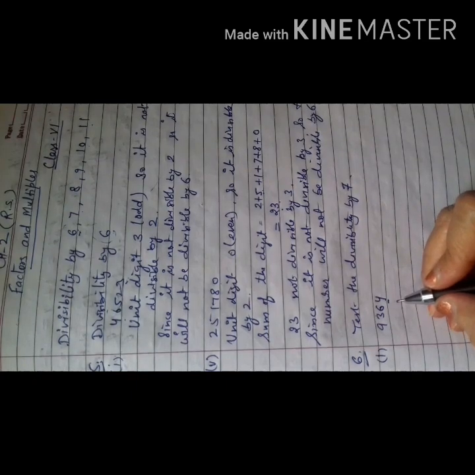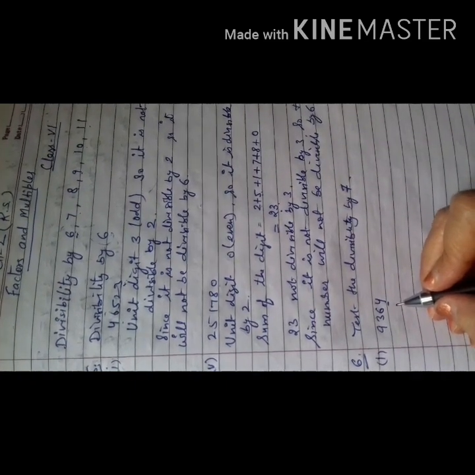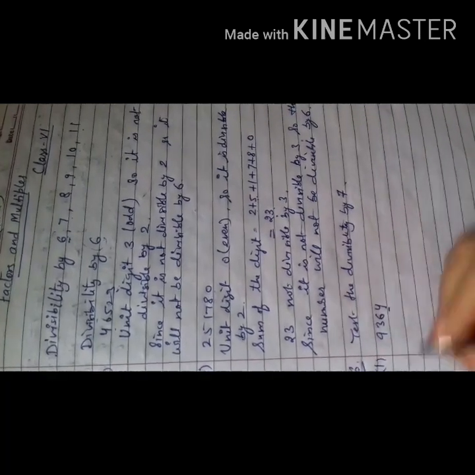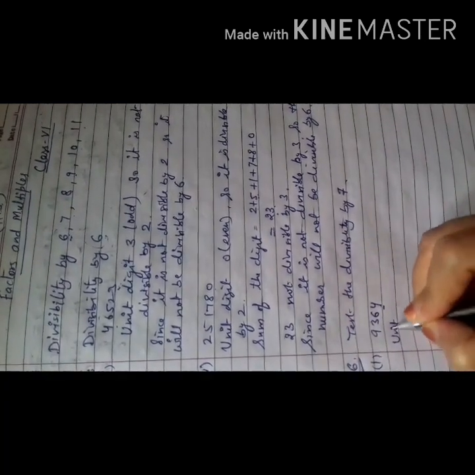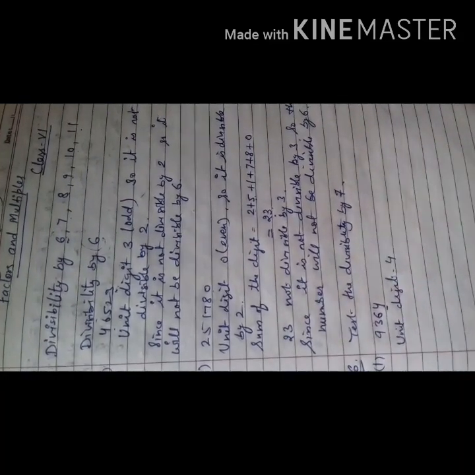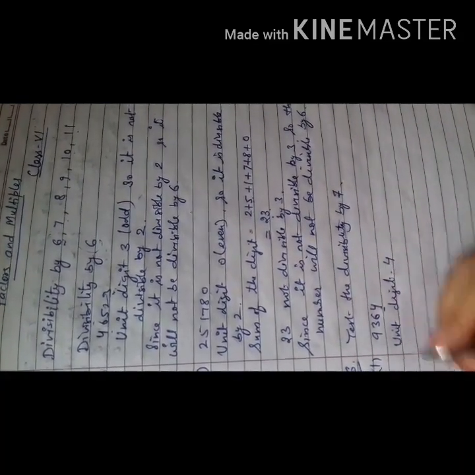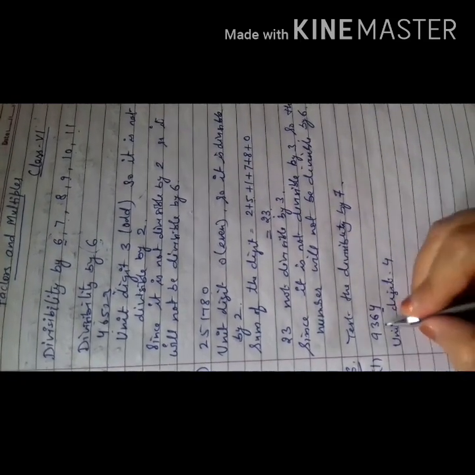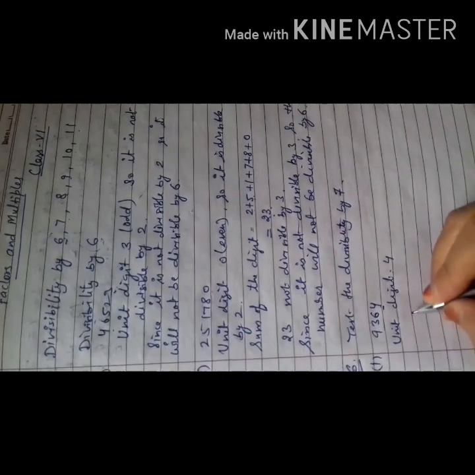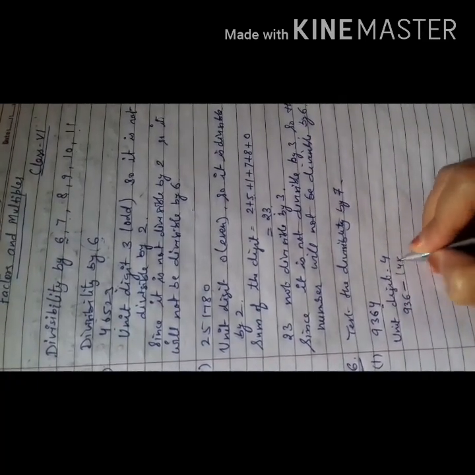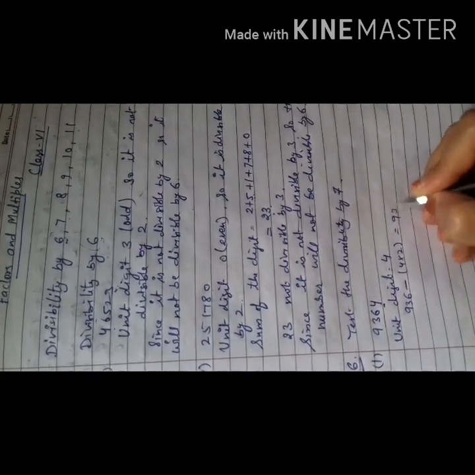First you have to double the unit digit. The method to check the divisibility is to double the unit digit and subtract it from the rest of the number. 936 minus the double of the unit digit.